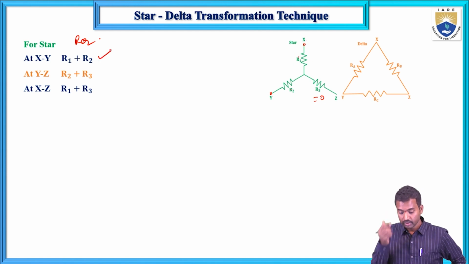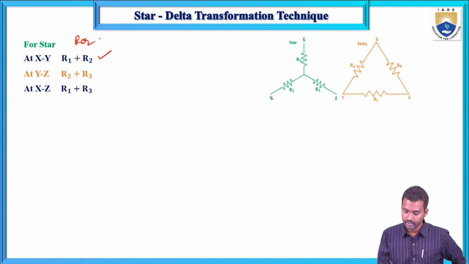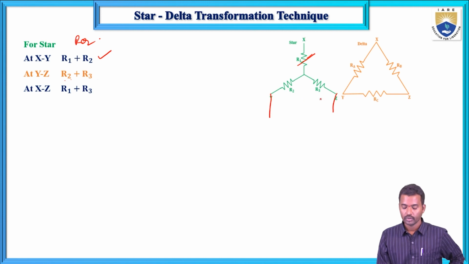Next, between Y and Z, this branch is redundant, don't consider this one. So at Y and Z, the R equivalent is R2 plus R3.